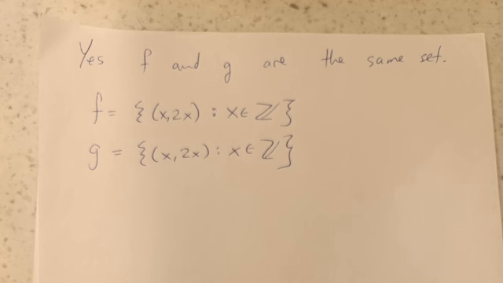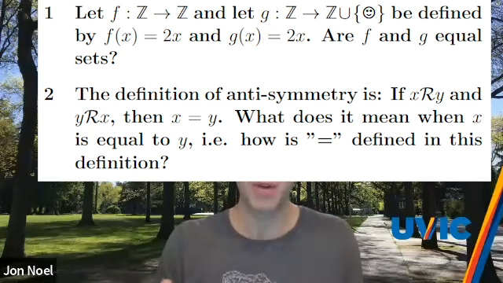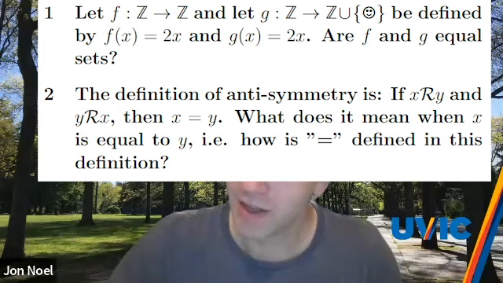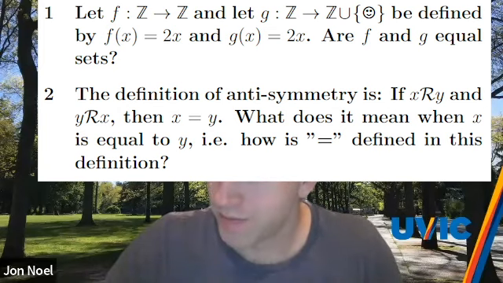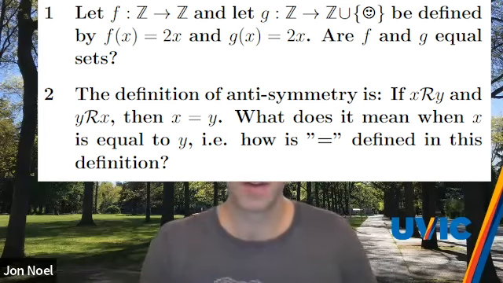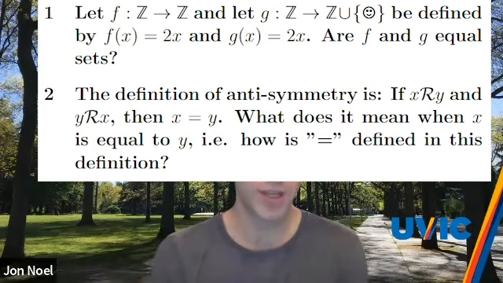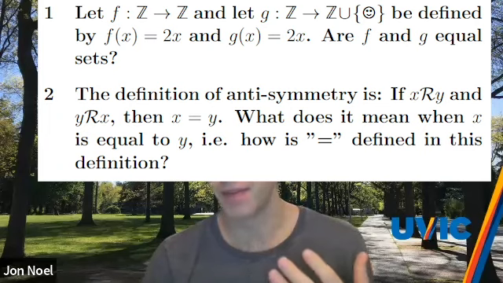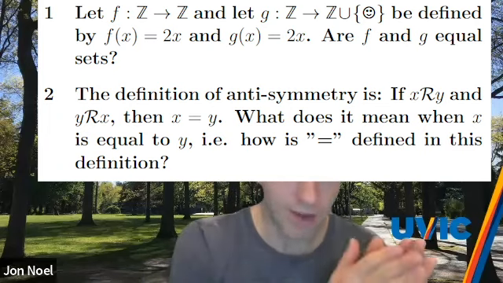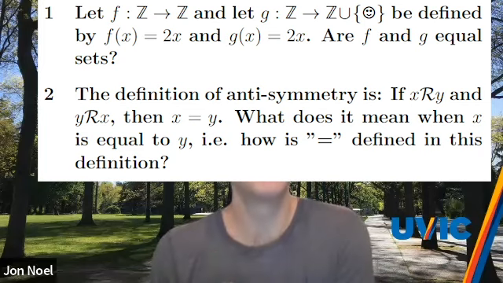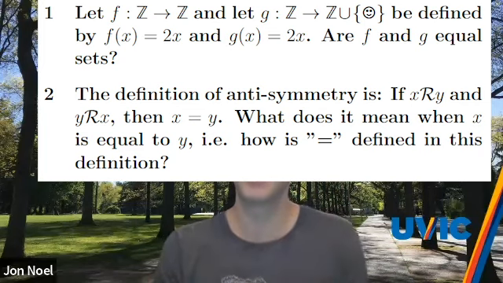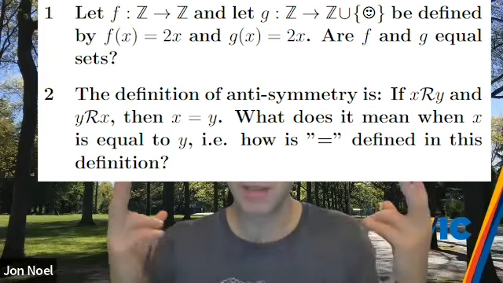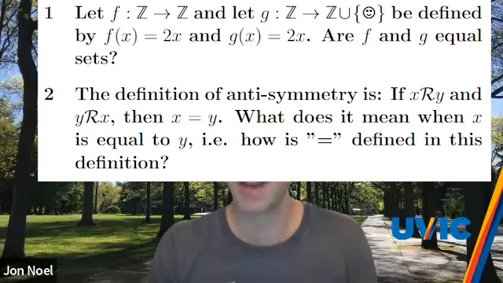Now, this can be a bit confusing because they are not the same function. The reason that they're not equal when you think of them as functions is because they have different codomains. So this is kind of an unfortunate thing about functions: in some sense, a function is a set, but in another sense, they're not treated the same way as sets, because what it means for two functions to be equal is different than it is for sets.